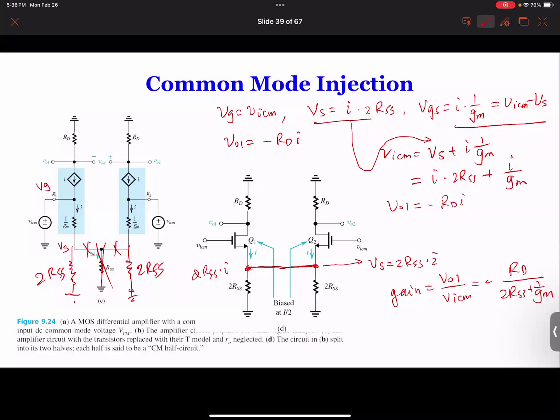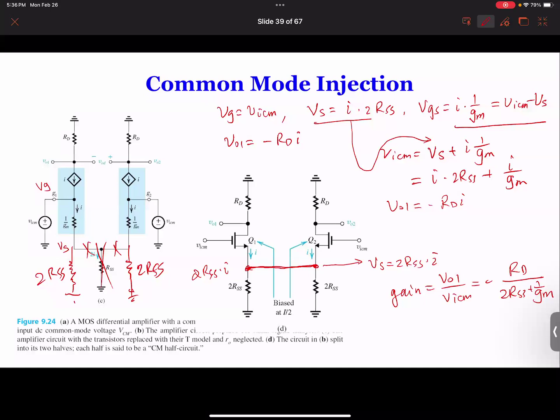And then our VO1 equals minus I times RD. So we plug in that one, we got this, and then we know this one. So we take the ratio between VO1 and VICM. The I is going to cancel. So the numerator is RD, the denominator is 2 RSS plus 1 over GM. So that's the gain that we get.